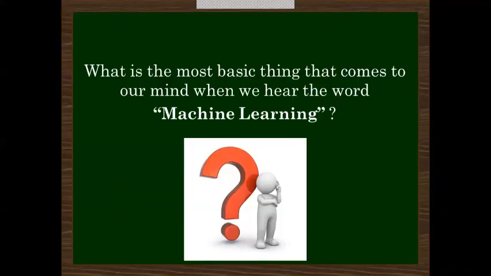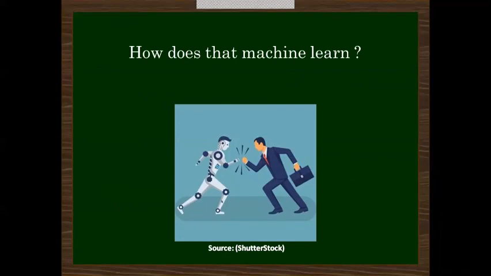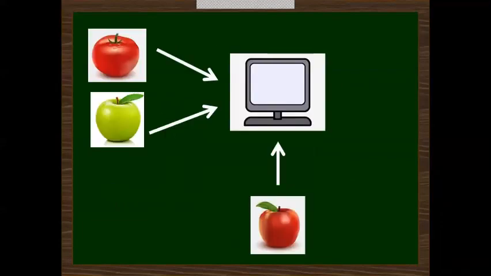What is the most basic thing that comes to our mind when we hear the word machine learning? A machine learning something, right? But the question that arises here is how does that machine learn? So to answer that question, let us compare machines and humans.